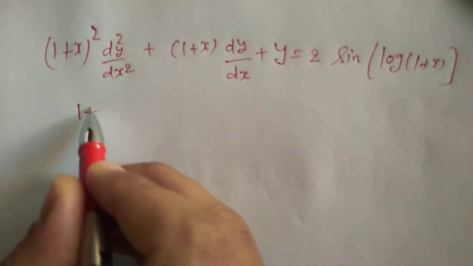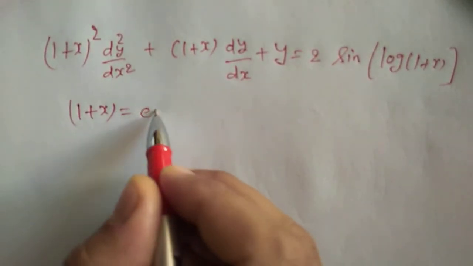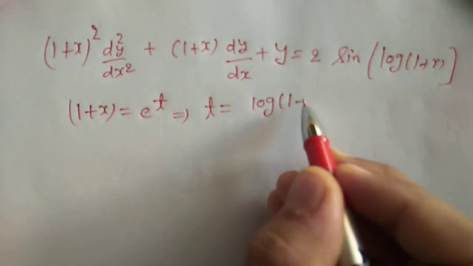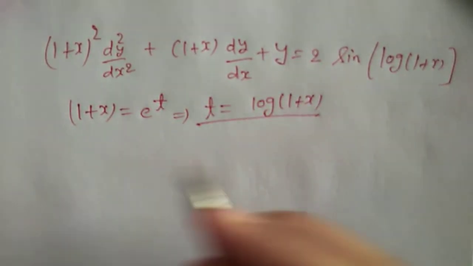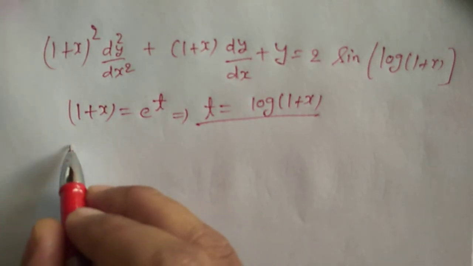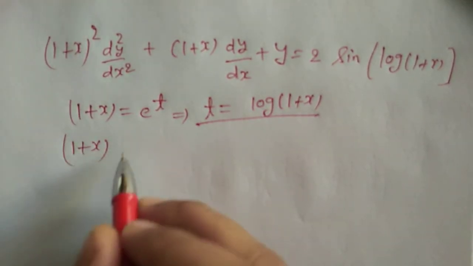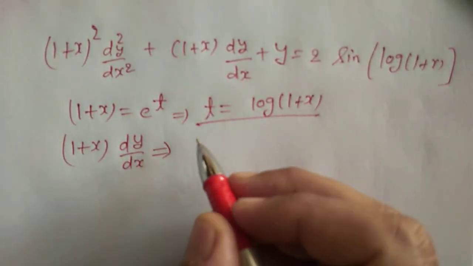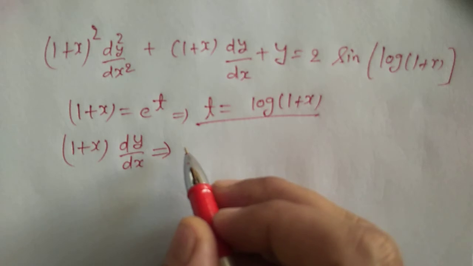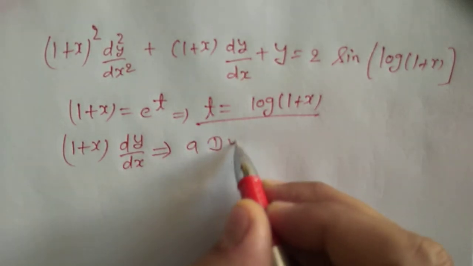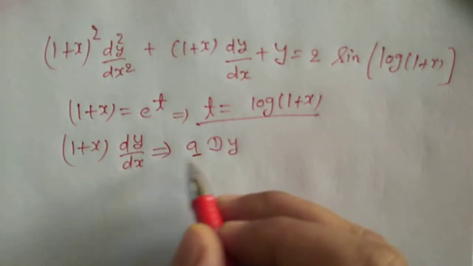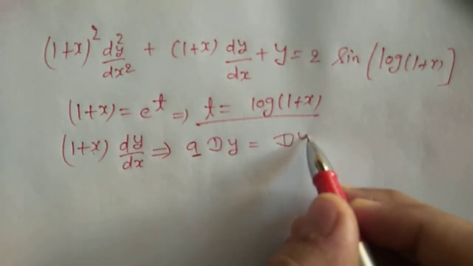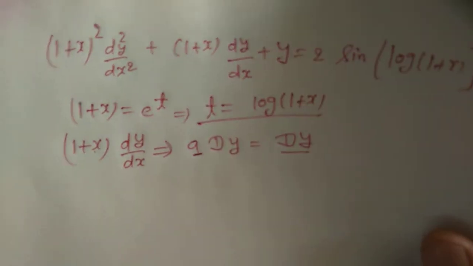We take 1 plus x equal to e power t, so t will be log 1 plus x. With this transformation, we have just seen that 1 plus x dy by dx equal to a into Dy. Here the coefficient of x is 1, so we have only Dy. Fine, it is clear.